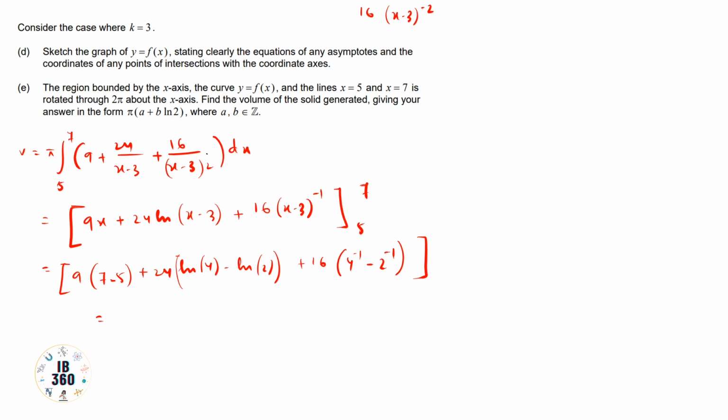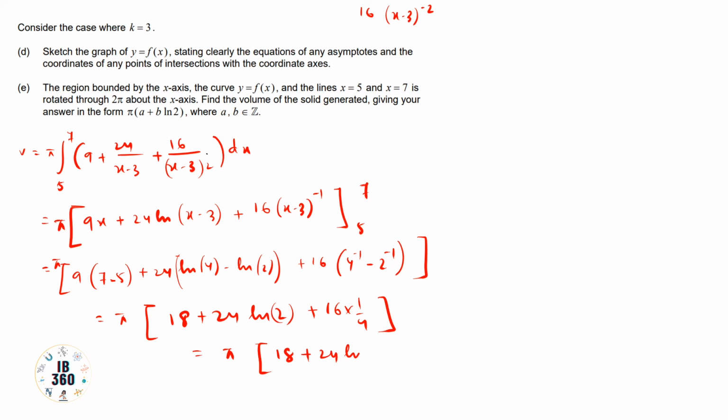So we are getting pi, and be careful with the pi term in all your equations. So 18 plus 24 ln 2 plus 16 into 1 by 4. So I have pi times (18 plus 24 ln 2 plus 4).